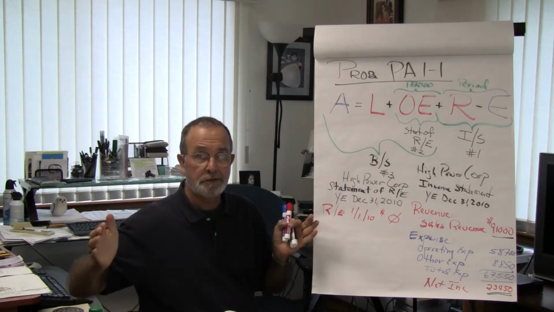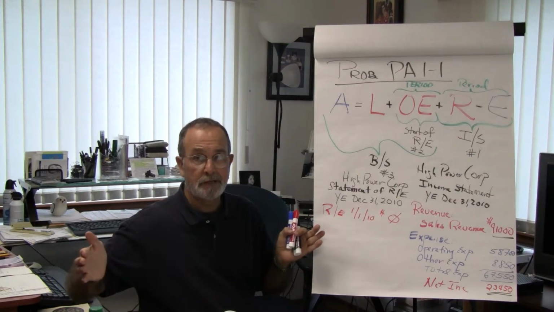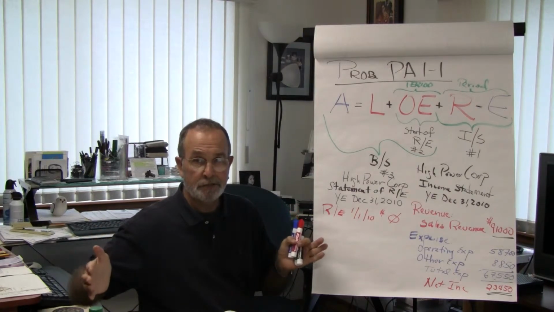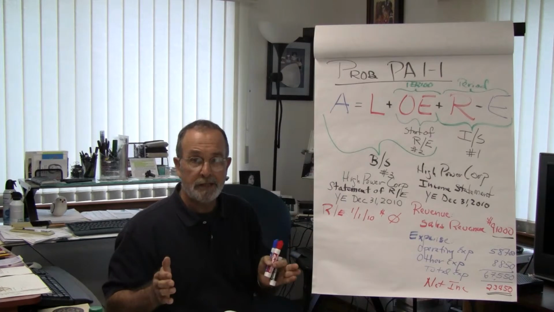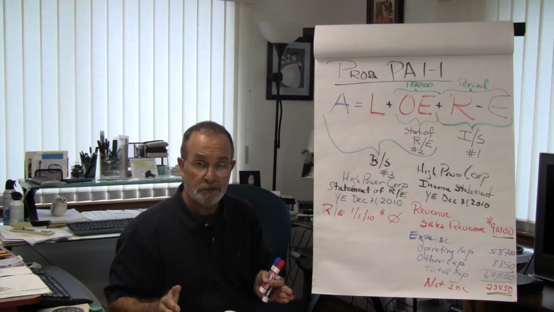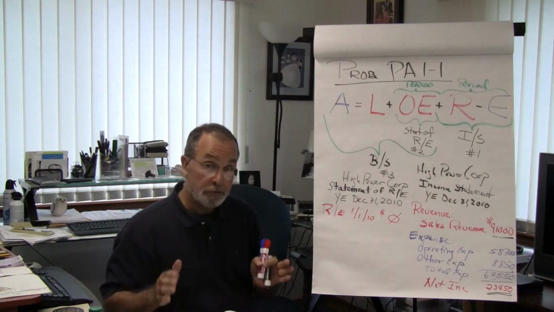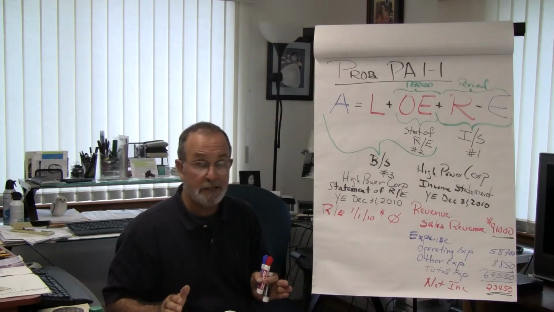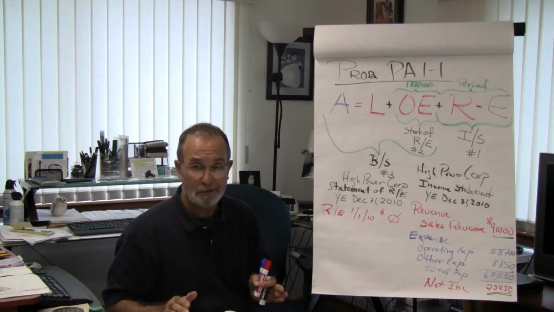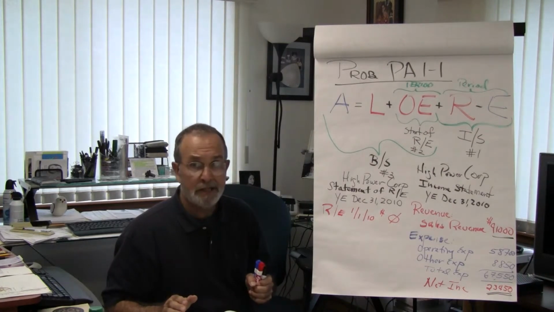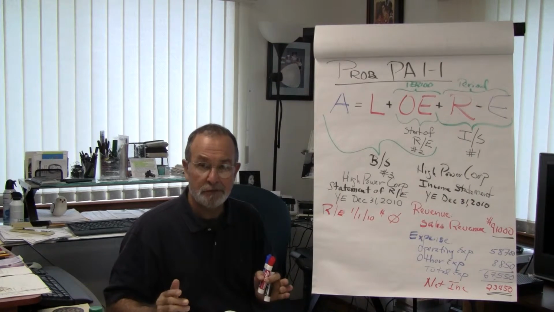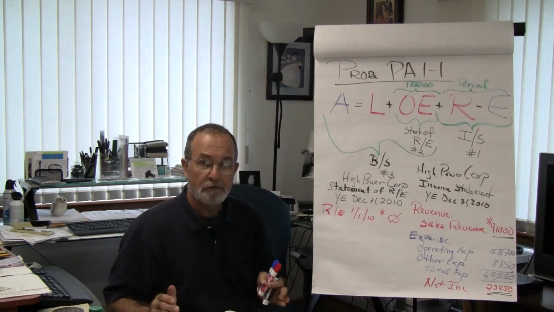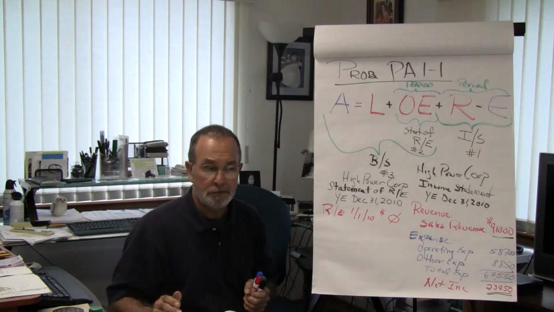There are always two amounts that affect retained earnings for that period of time. One is the net income of the business, or it could be a net loss. If it's net income, it's going to be a plus amount added to retained earnings. If it's a net loss, then it's going to be a minus amount, or an amount that we subtract from our previous balance of retained earnings.